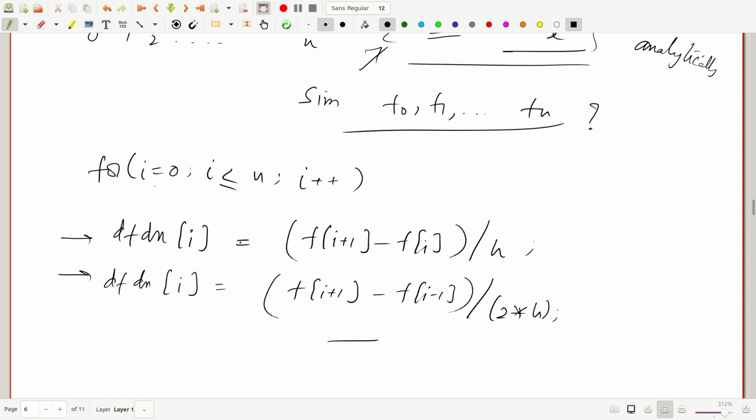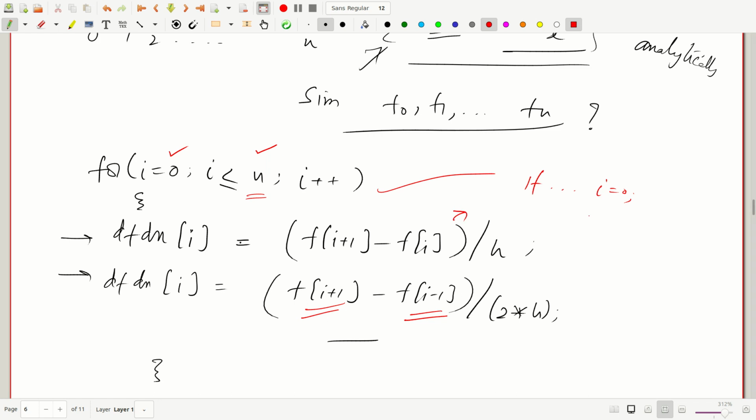The only thing you realize is that, as I said before, near the boundaries, as you go to 0 or n, you end up accessing data outside. For example, when you're at 0, you're accessing f of i minus 1, that is f of minus 1, and when you're at n, you're accessing the data of f of n plus 1 and so on. So you need to make an exception here. You need to have an if condition where you would say, if I am at 0, I would use the forward difference formula.